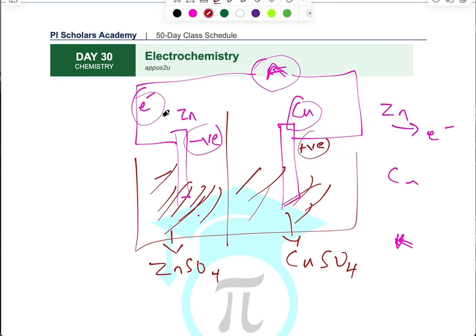So I'm using electrons now to determine their charge. This zinc will be the one losing the electrons, so this side is going to be the negatively charged electrode, and this automatically becomes the positively charged electrode. You can see that this is contrary to what we did in the electrolytic cell. So let's now see what is happening.